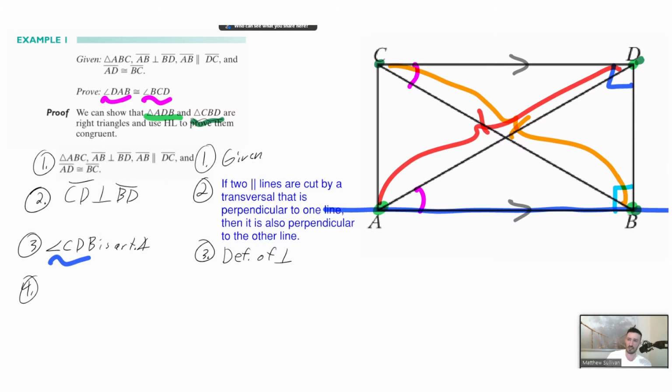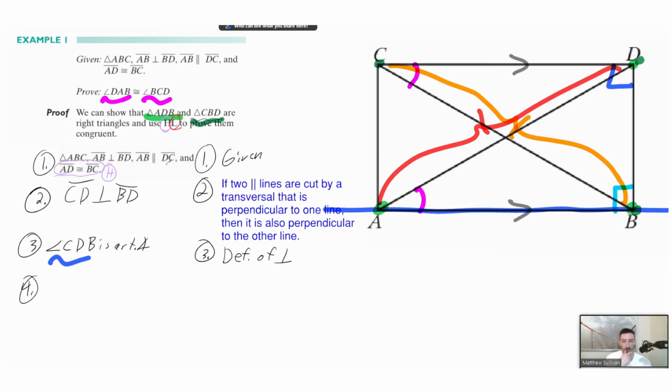Instead of restating it, we could just mark it up, just to recognize that these are the hypotenuses. As long as you have a statement that says the hypotenuses are equal, you're well on your way to using hypotenuse leg. So we still want to be able to say that the legs are equal.